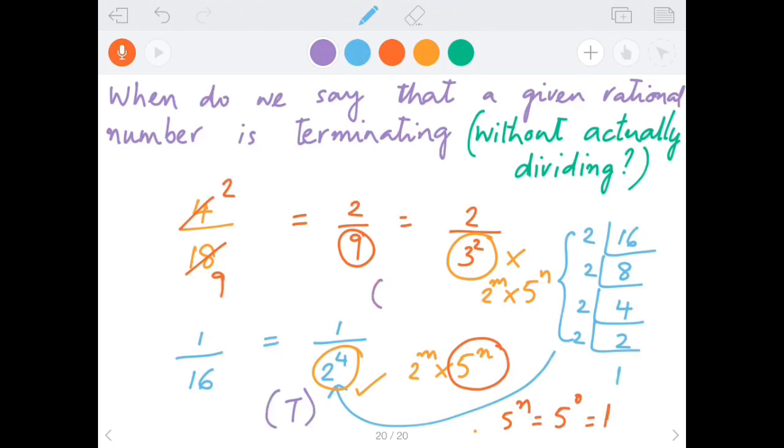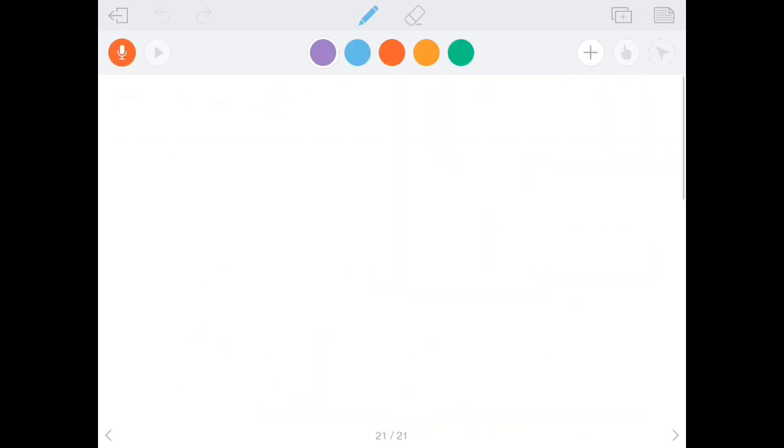In general, what we are trying to tell you is, if your denominator is of the form 2 power m and 5 power n, which indicates your denominator consists of only the numbers 2 and 5, then it automatically becomes a terminating number. If it does not, for example, in the previous case, we had a 3 square, we noticed that there was no 2 and a 5 in the denominator, making it a non-terminating number.